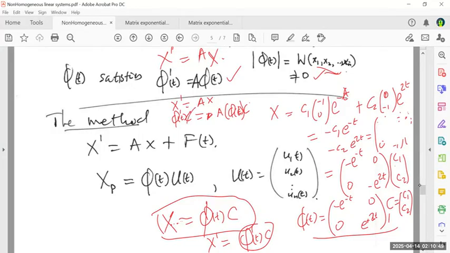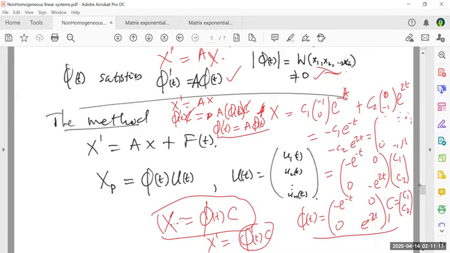You can see that we can factor out the c there, and then we have phi prime of t equals a phi of t. So this solution with the fundamental matrix itself satisfies the homogeneous equation. That's what we wanted to show there.